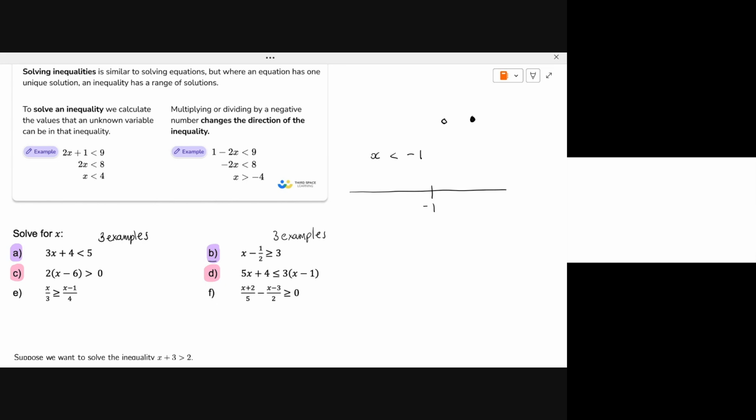Which one is it going to be? Good, Leachilu gave it away. We're going to draw an open dot. How do we know that it's an open dot? Because it doesn't include -1. Right, so if I then say x is less than or equal to -1, then I know that I need to draw a closed dot.